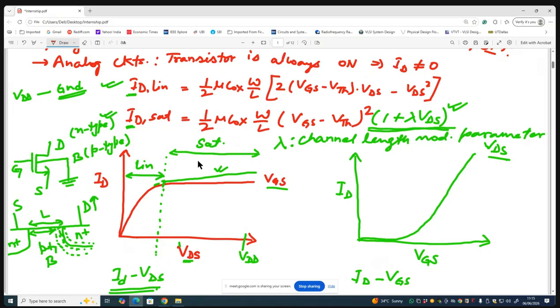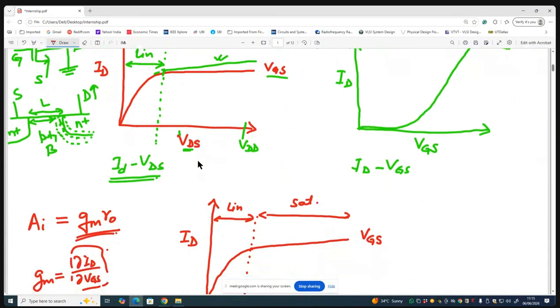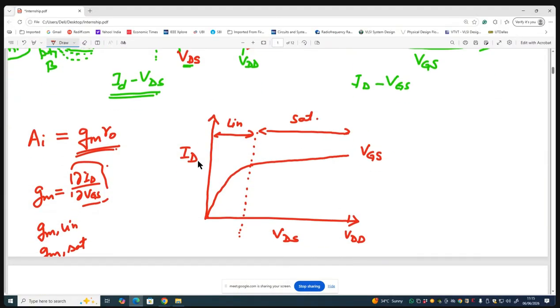Yes, sir. Right. So gm linear becomes VDS dependent, right? Okay, let us go to the saturation region.